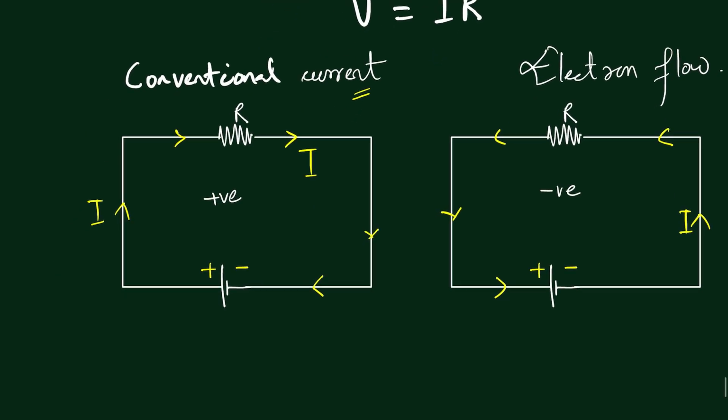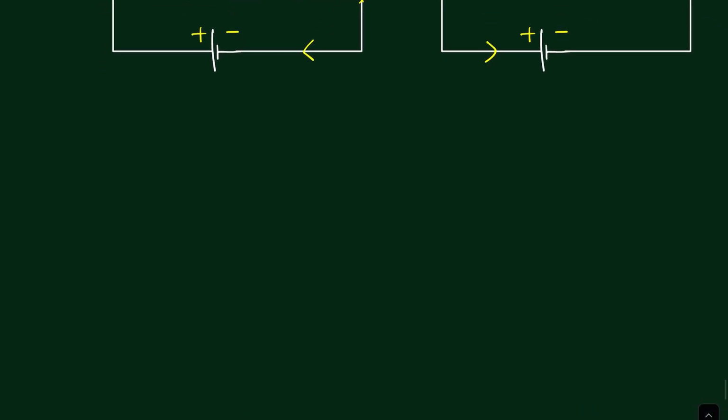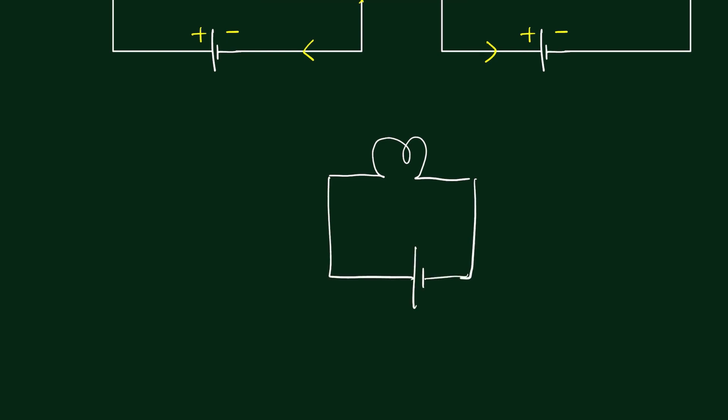Imagine a bulb connected to a battery. Whether the current goes clockwise or anti-clockwise, or in other words, whether the current comes from the right side of the battery or from the left side, as long as the bulb glows, we don't care.